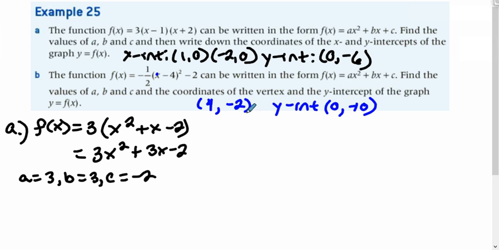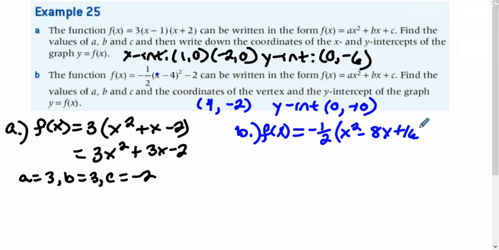Okay, so now I'm going to rewrite this into standard form. Again, just like before, I'm just going to have to show my work and expand. Putting it into standard form is probably the most comfortable form to write it into. So f of x equals negative a half, and then squaring x minus 4, so x minus 4 times x minus 4, so x squared minus 8x plus 16 minus 2.